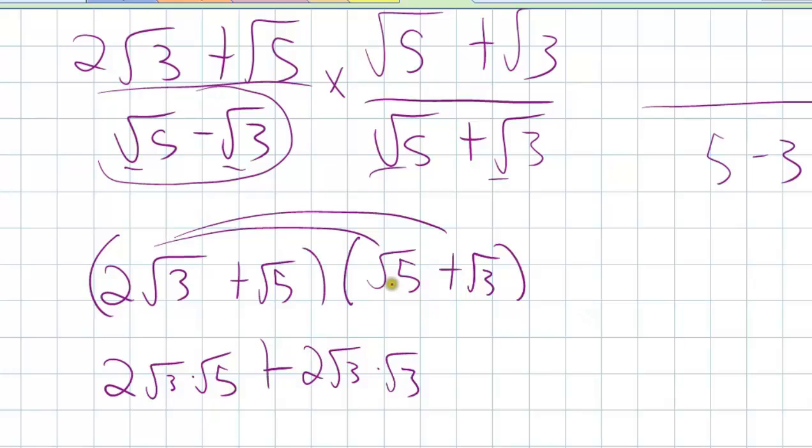I'll simplify after I've worked all this out. I just find it easier to first start with the expanding and then simplifying. So we did the first, the outer, now the middle. I'm just going to simplify here, because I know that the square root of 5 times the square root of 5 is just 5.